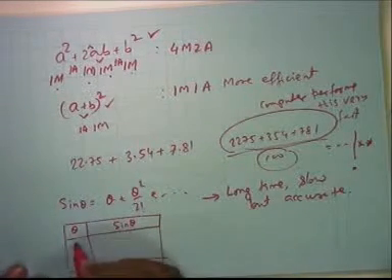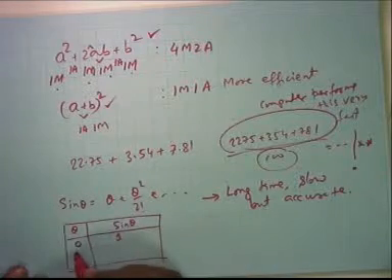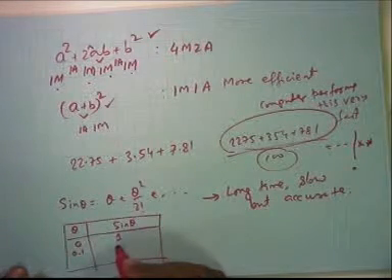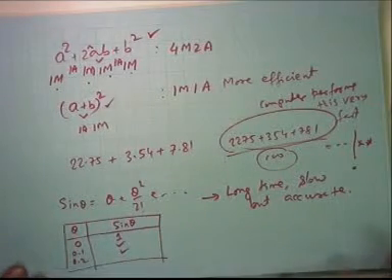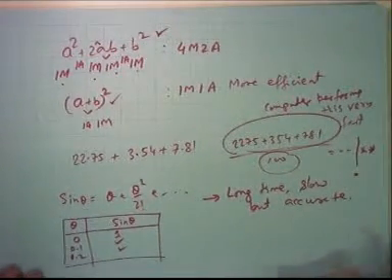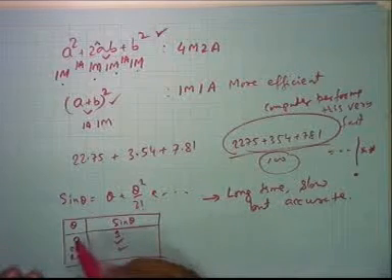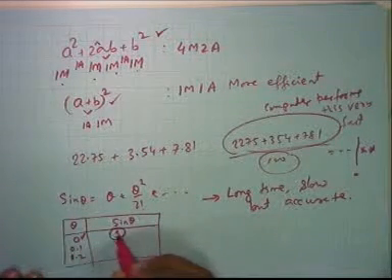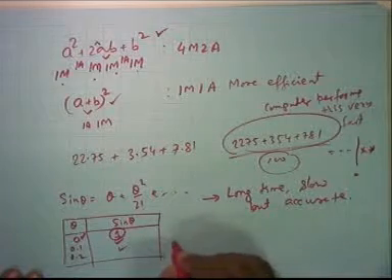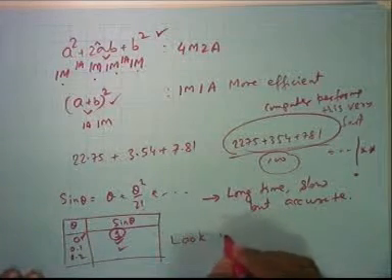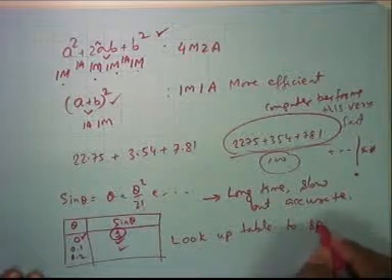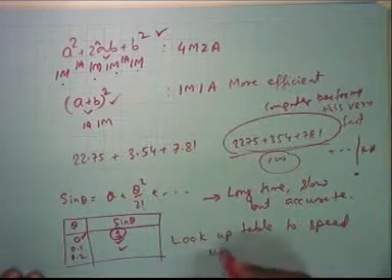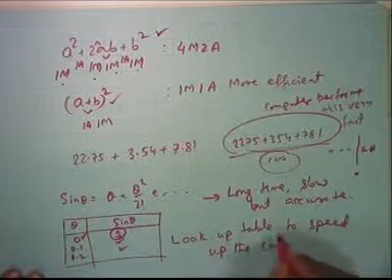So, for theta 0 the value is this. Then I calculate 0.1, I calculate this value, 0.2, I calculate this value. So, a robot will check what is the value you want. If you want it at 0 degree, I find out this. So, this is called a lookup table to speed up the calculation.